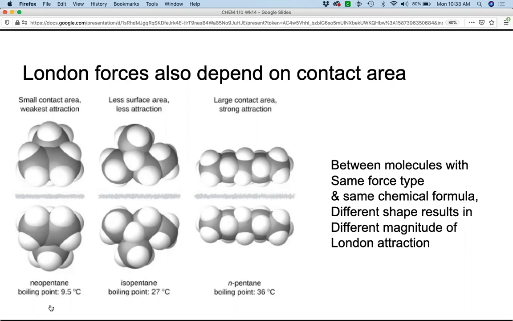N-pentane, which has a much larger surface area, is going to have a boiling point of 36 degrees Celsius. So this really matters because if I think about each of these molecules, their boiling point is going to be determined based on their surface area. So mass and surface area are what are going to determine the effect of my London forces.